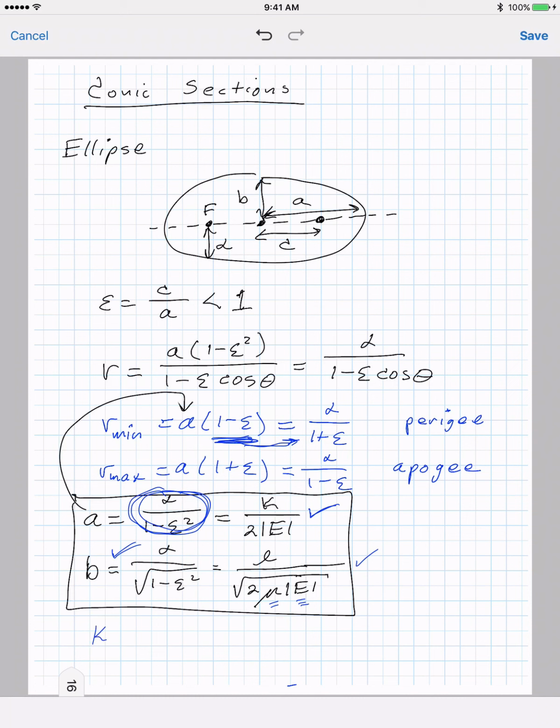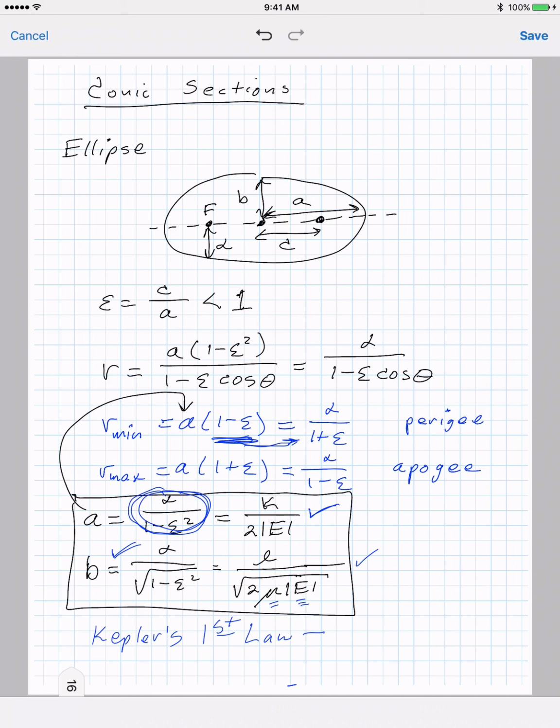So Kepler's first law says that orbits in an inverse square force are conic sections with the center at one focus of the conic section.